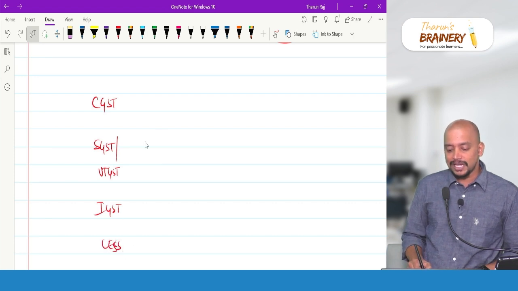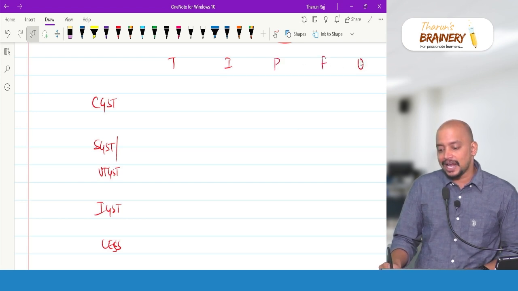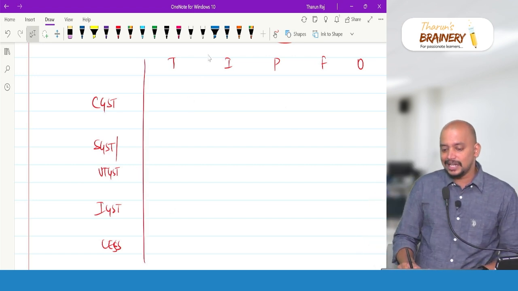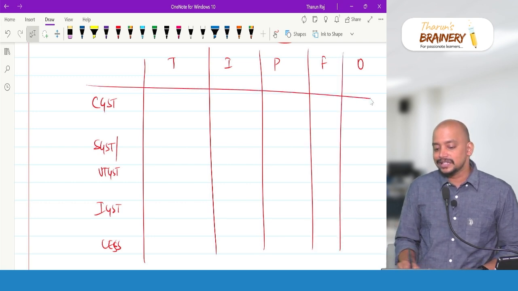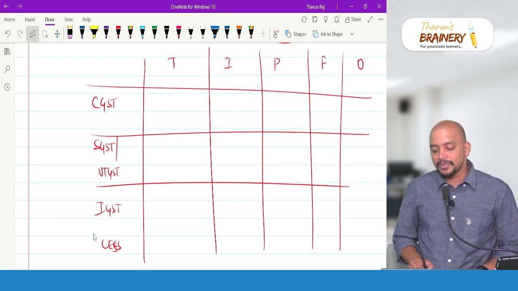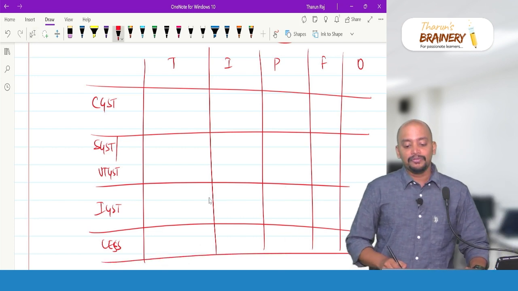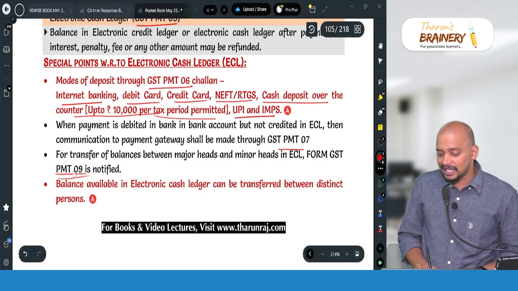These are the 4 major heads, and the 5 minor heads are tax, interest, penalty, fee and others. So now between one cell to another cell in the cash ledger, we can transfer the balances, that is in this 20 cell matrix. From any cell to any cell we can transfer the balances in the cash ledger. For transferring the balances, we will be using one form, that is PMT 9.